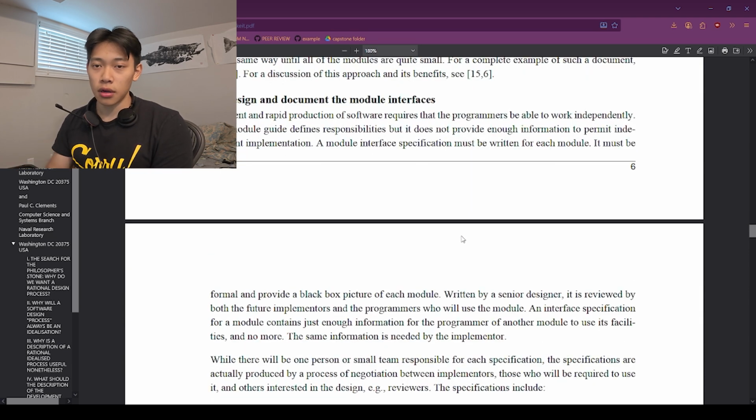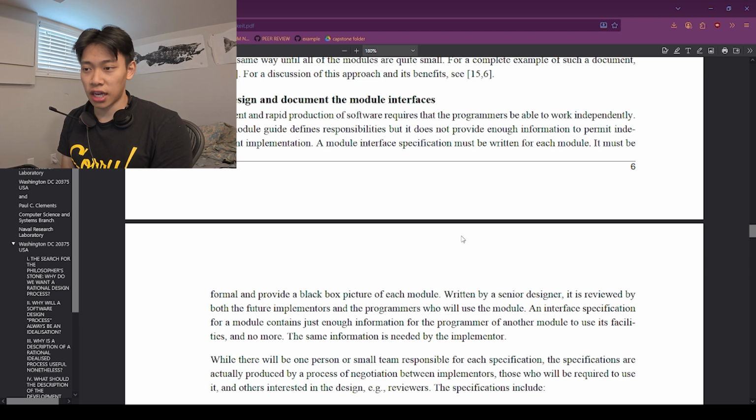C. Design and document the module interfaces. Efficient and rapid production of software requires that the programmers be able to work independently. The module guide defines responsibilities, but it does not provide enough information to permit independent implementation. A module interface specification must be written for each module. It must be formal and provide a black box picture of each module.